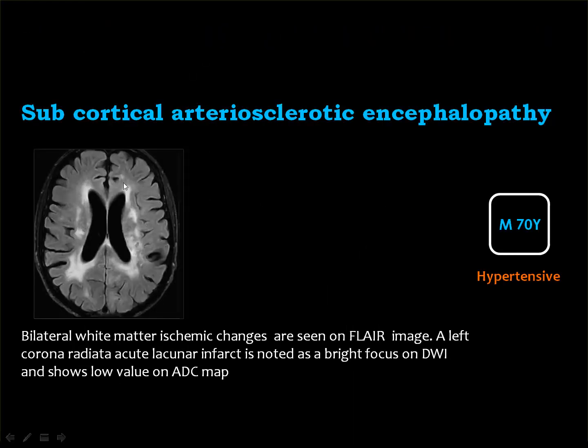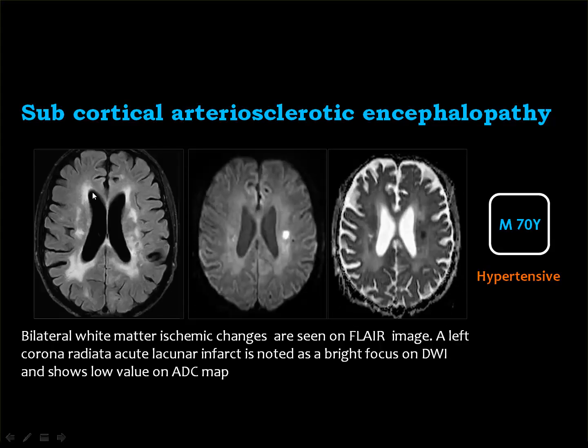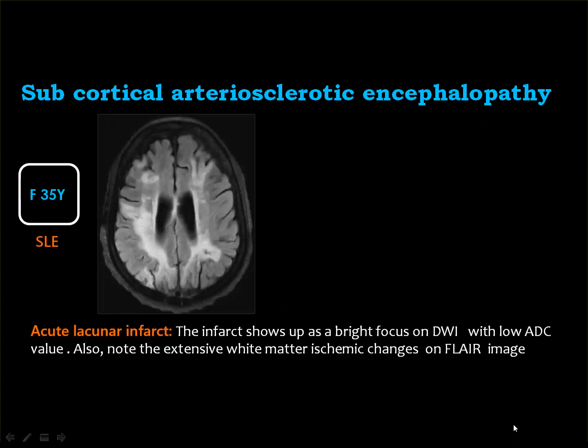Then you see here in the FLAIR multiple infarctions in the white matter. In the diffusion weighted images, only this one is the acute one, which is bright in the diffusion and dark in the ADC. The rest of the infarcted areas are old because they do not produce diffusion restriction.